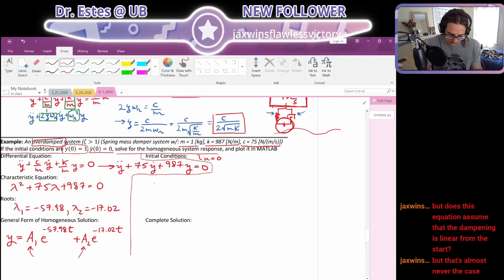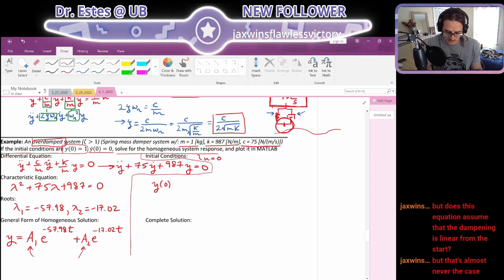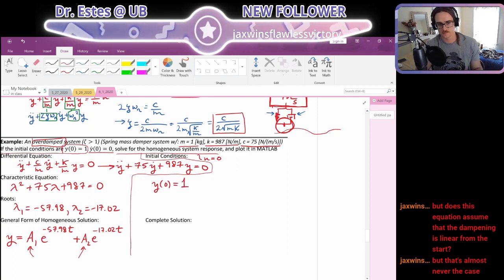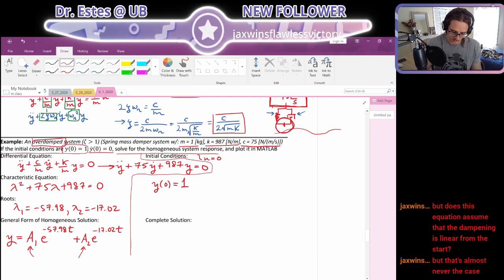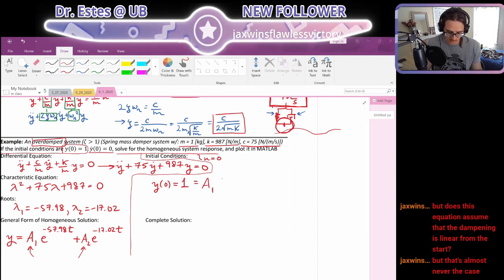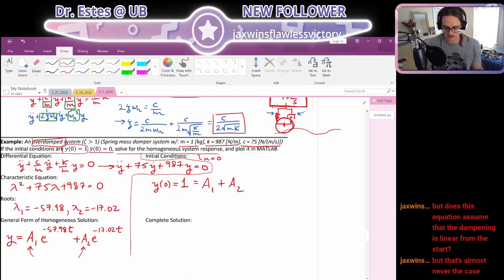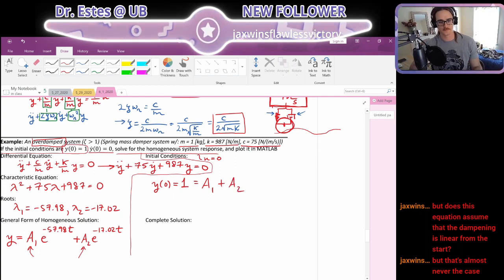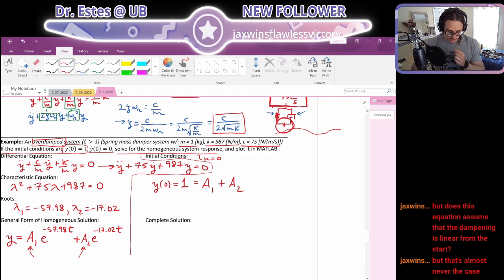So y at 0, we said that the spring was stretched to 1. So what we do is we take our general form and plug in 0 for time. So that's e to the 0, which is 1, plus A2 times e to the 0, which is also 1. So that's our first condition.